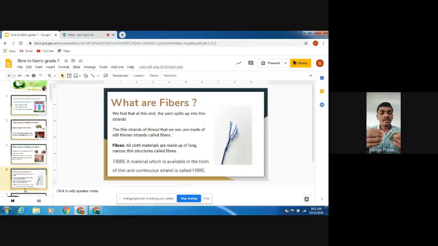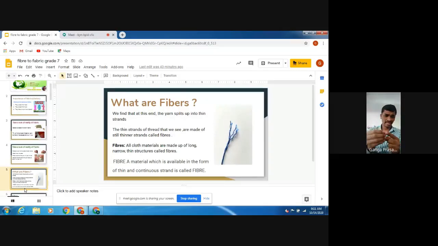we can observe there are a number of threads in the fabric. If you loosen the fabric, you will get small, narrow structures called thread. Thread is nothing but yarn. In scientific terms, we call it yarn.